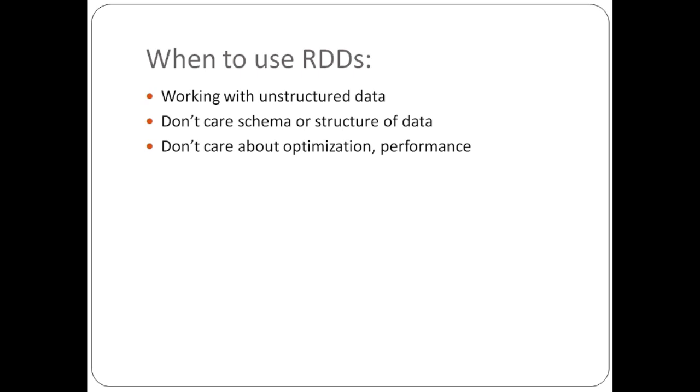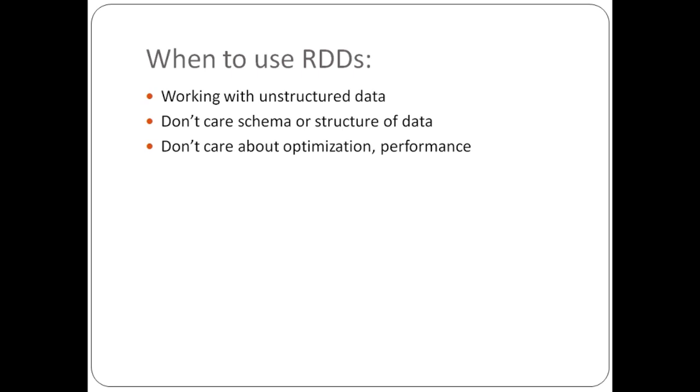And the second point is, if you are not concerned about the schema or structure of data. For example, in a text file the schema will not be there, header columns will not be there, right? In such scenarios we can go for RDDs. And the third, you don't care about optimization and performance. By default, RDDs are very slow when compared to other ecosystem components like DataFrames and Datasets.